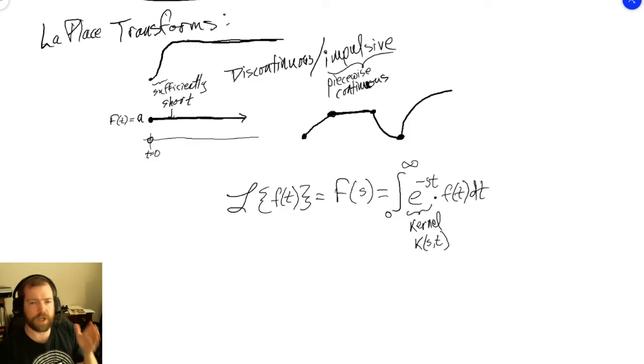The kernel can change depending on which particular kind of transformation you're using. We want to use Laplace transforms in this particular case, so that is the kernel that he used for it.